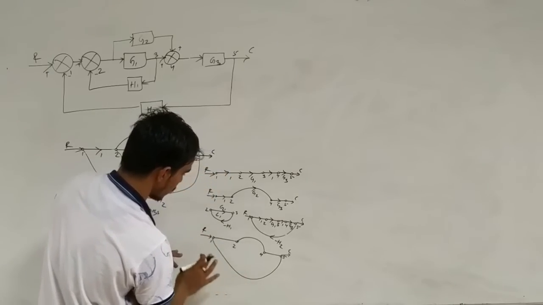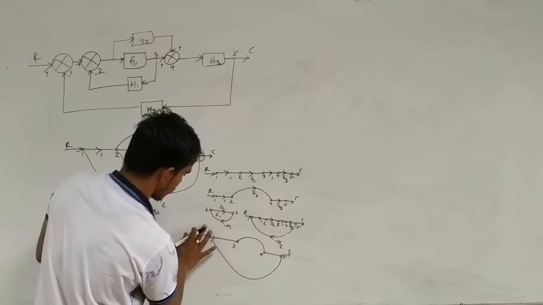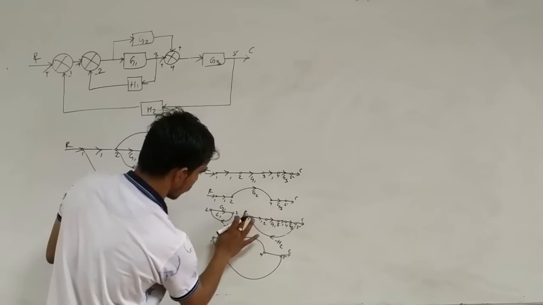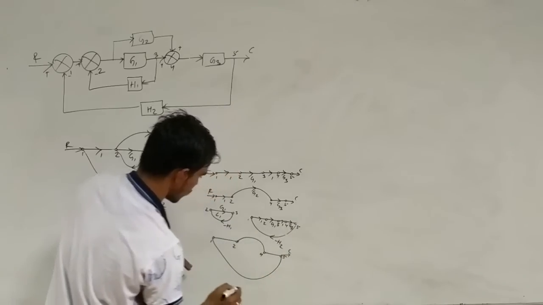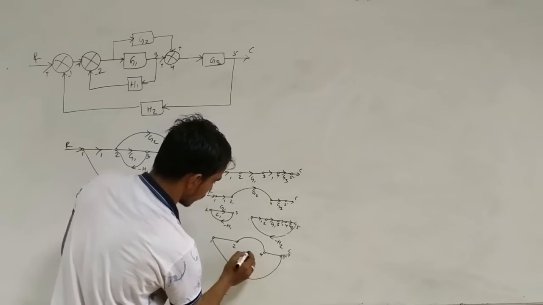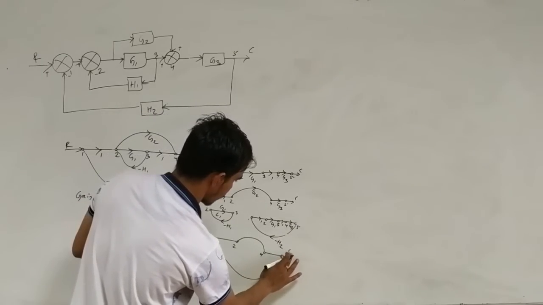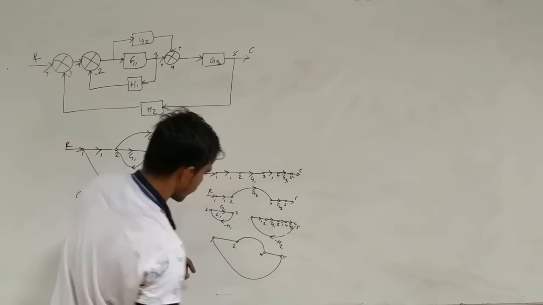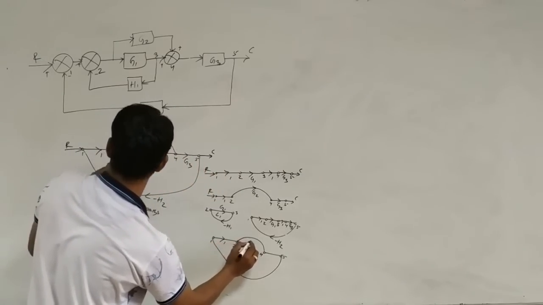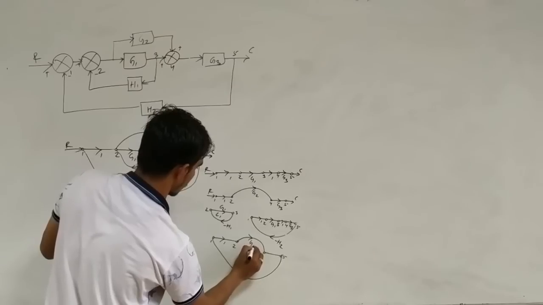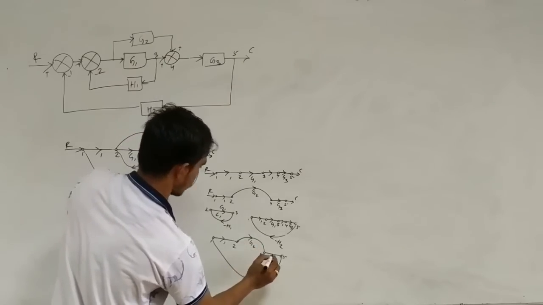This can form a loop. So neglect this one, no need to loop. So 1, 2, 4, 5. This can be a loop. This is 1, G2, G3.